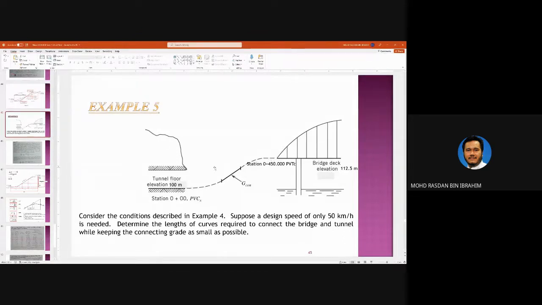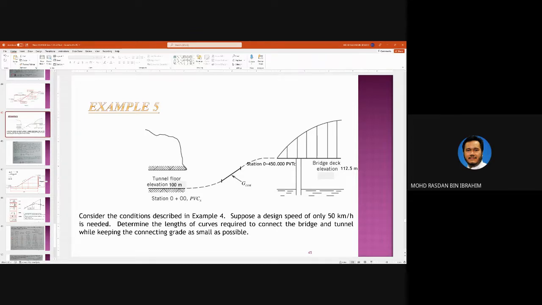All the other values are the same, but instead of having these two points at the same location, we want to separate the PVT of the sag curve and the PVC of the crest curve. So determine the length of curve required to connect the bridge and tunnel while keeping the connecting grade as small as possible. Suppose a design speed of only 50 kilometers per hour is needed.